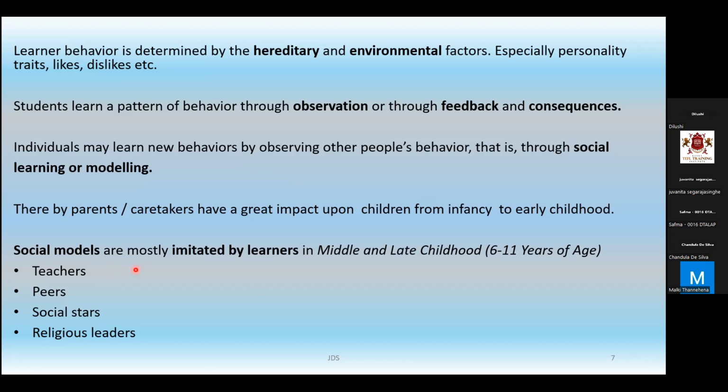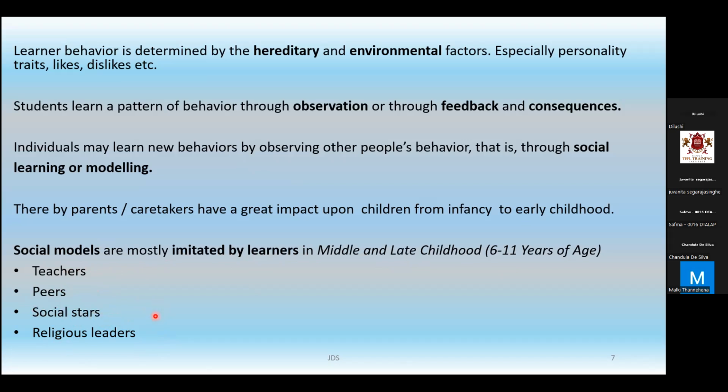Social models are mostly imitated by learners in middle and late childhood, right? So these are the social models when it comes to the educational setup. It can be teachers, it can be their own peers or siblings, social stars, religious leaders, actors, cricket stars, film stars, right? All those people come under politicians, social stars, right?